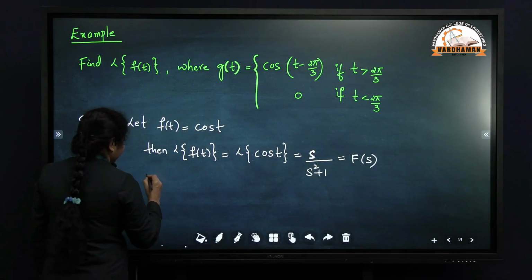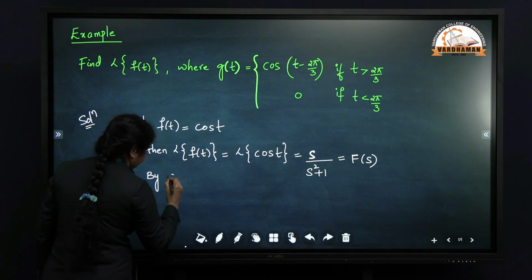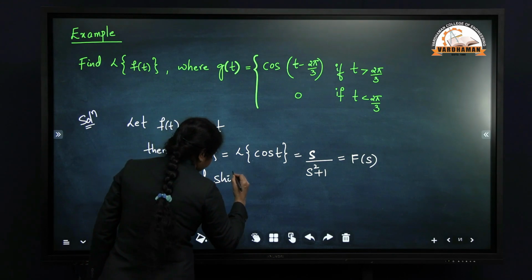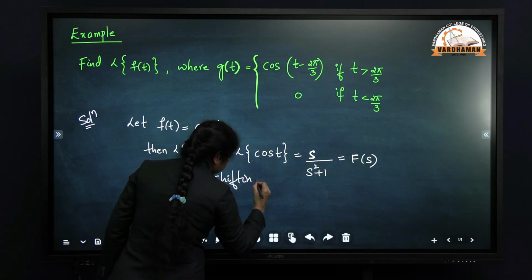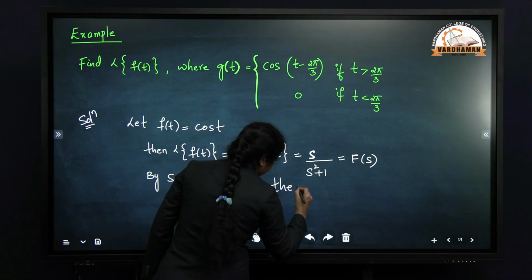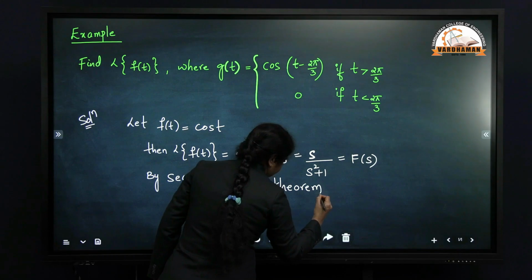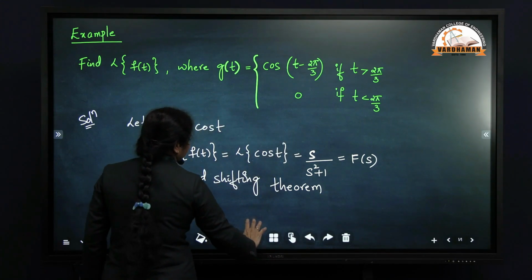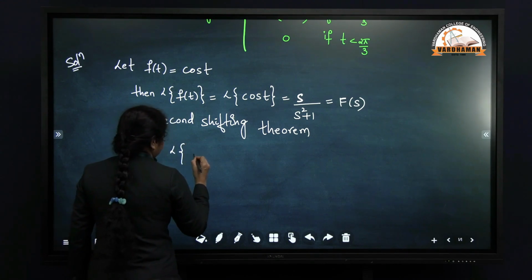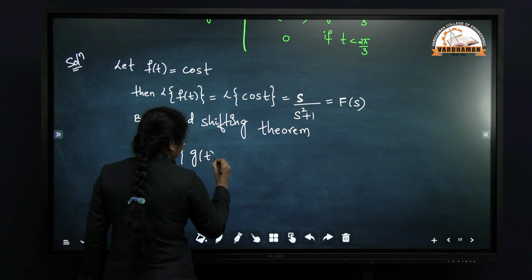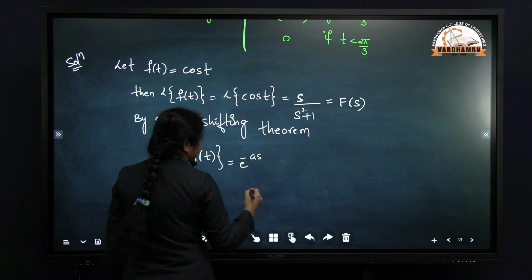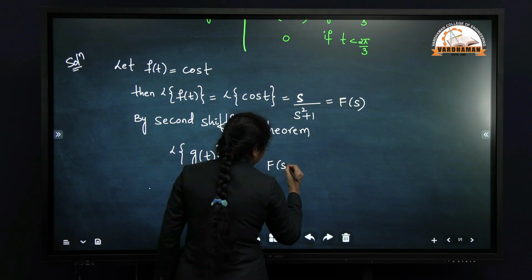Now by second shifting theorem, we have L of g of t equal to e power minus as into f of s.